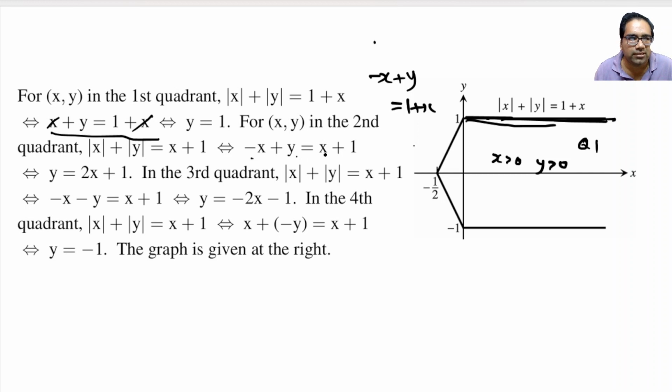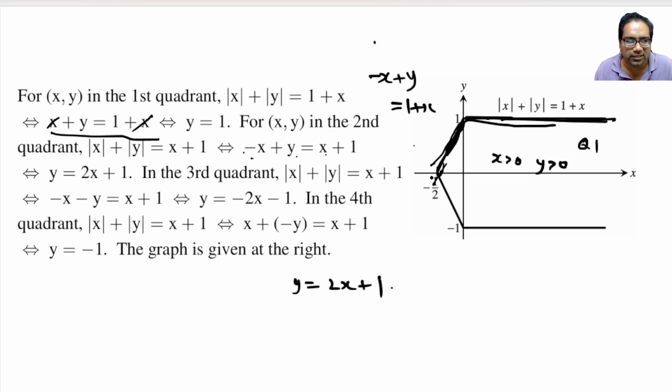Y equals, this minus x will come to this side, 2x plus 1. Y equals 2x plus 1. That is this line, as long as we are talking about Q2. For example, when x is 0, y is equal to 1, 2 times 0 plus 1. And when y is 0, x equals minus 1/2. So that's why this is the graph when x, y are in Q2.